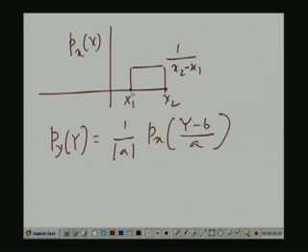If x takes the value x 1, y takes the value y 1 equal to a x 1 plus b, and if x takes the value x 2, y takes the value a x 2 plus b. P y and p x have the same form, it is just a constant. So, y also will be uniform in the interval.